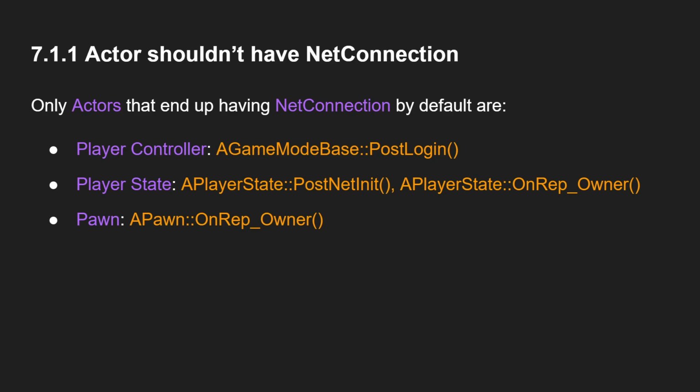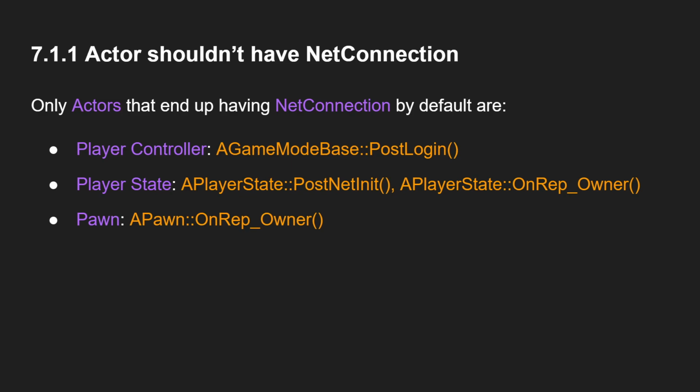And for player state and pawn, that happens whenever functions like PostNetInit or OnRep_Owner get called on both. And you might ask yourself, okay, then why is OnRep_Owner used in both player state and pawn? The simple reason is that the way a net connection is checked natively, there's a function called GetNetConnection, and it traverses the actor owners until it gets to an owner that has a net connection.